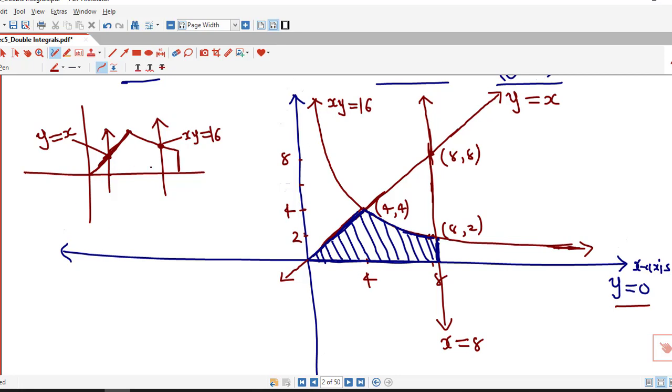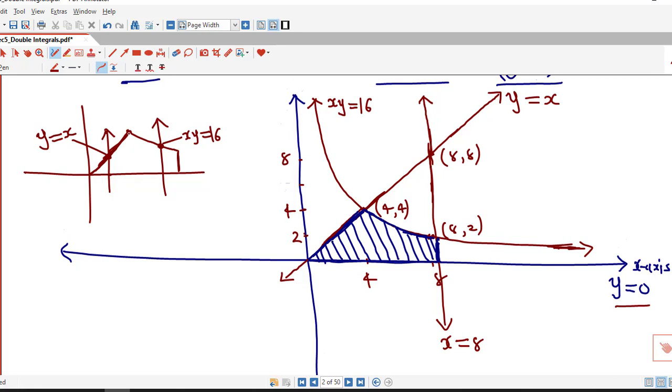So whenever we have this type of situation, we have to divide the region into two subregions. In earlier problems that we have discussed, our line was entering on the same curve and leaving on the same curve.